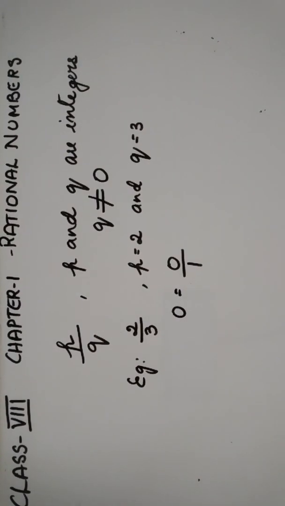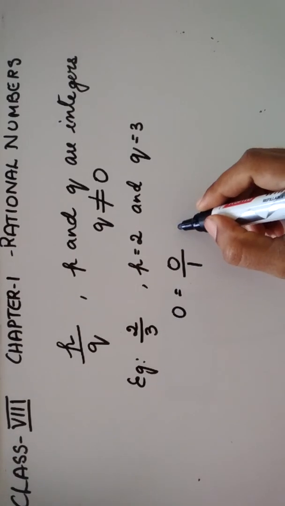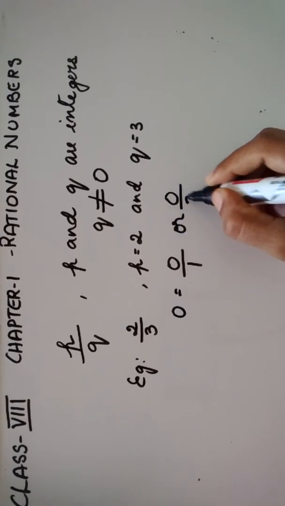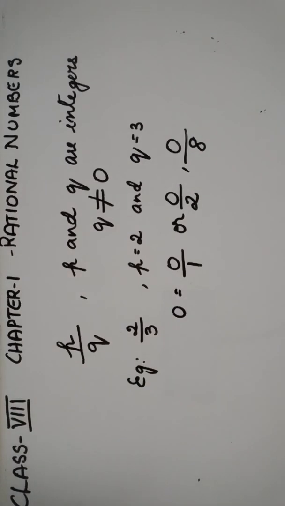So rational numbers include the integers as well as the fractions. I can also write 0 by 2 or 0 by 8. So 0 is a rational number.